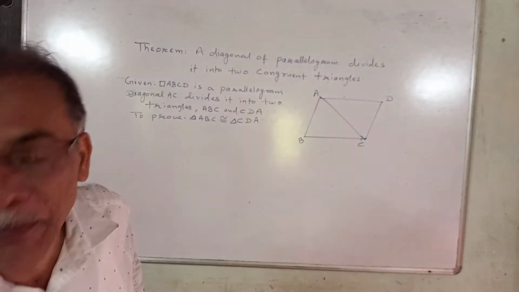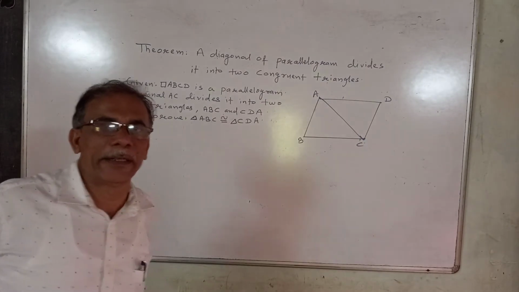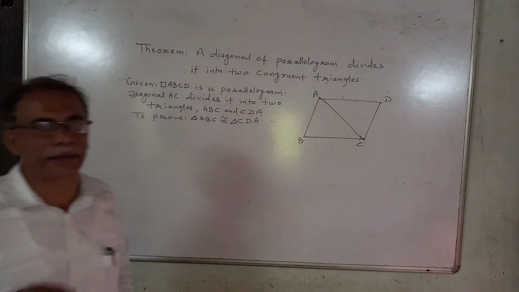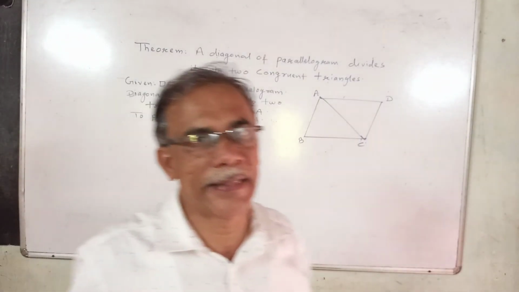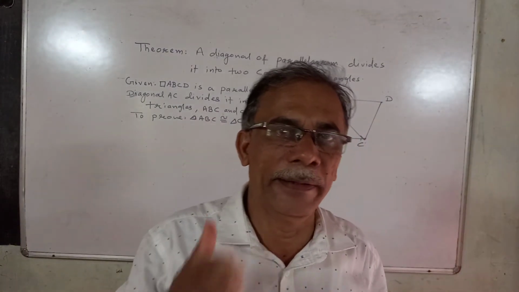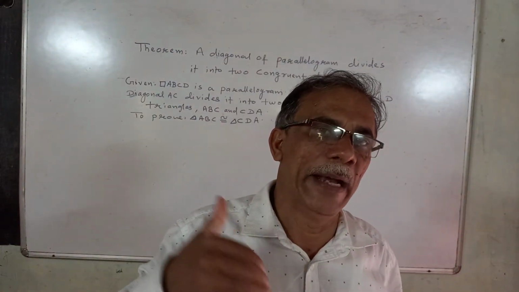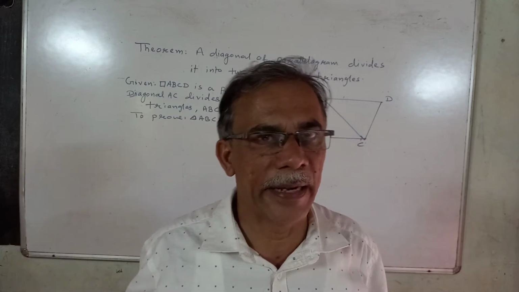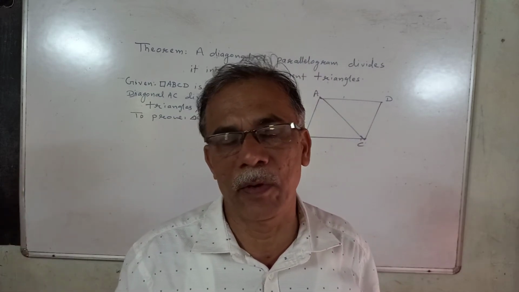Now, when can we say two triangles are congruent? There are different criteria. We have studied the side criteria: if all three sides of one triangle are equal to three corresponding sides of another triangle, the triangles are congruent.